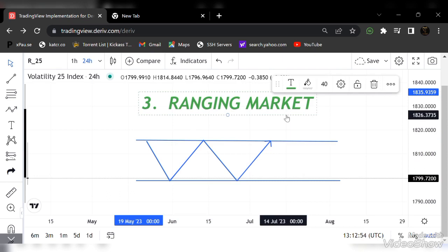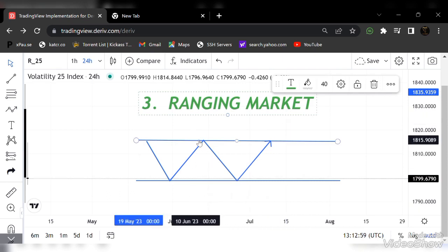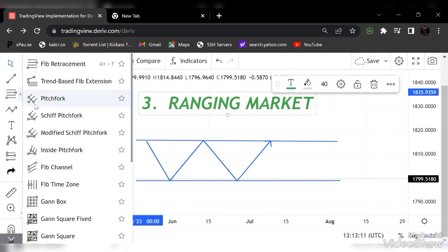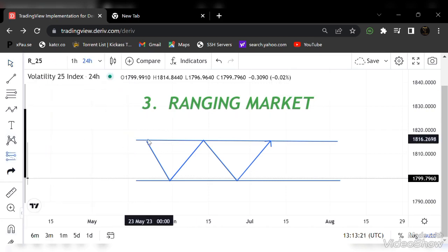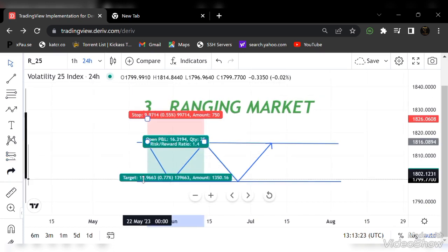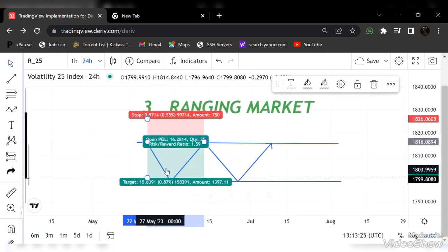So in this kind of market, if it's a higher time frame, like the 4 hour or the 1 hour, and you identify that the market is consolidating, it would be wise to take both buys and sells with confidence. So like here, you'll be looking for sells, and then when price reaches the support, you close right here.